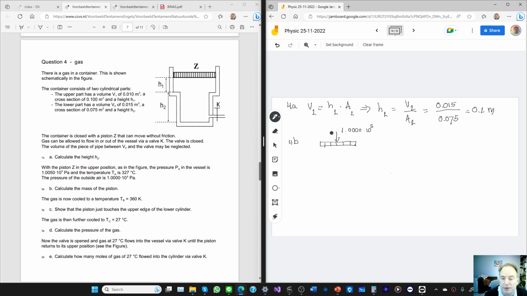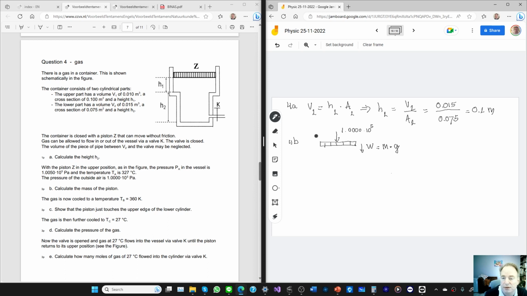And there will be a weight. The weight of the piston will exert a pressure. So there is, say, a weight W here, which is the mass of the piston times the acceleration of gravity.